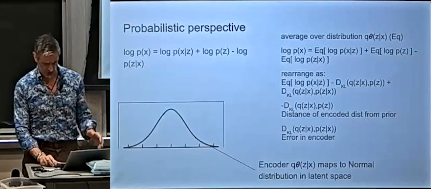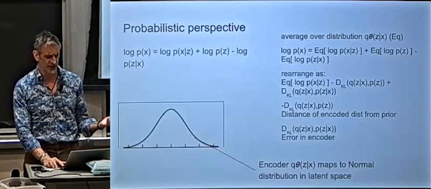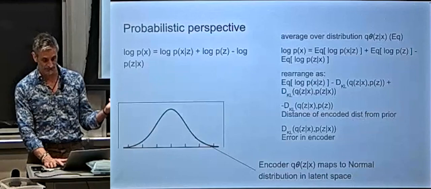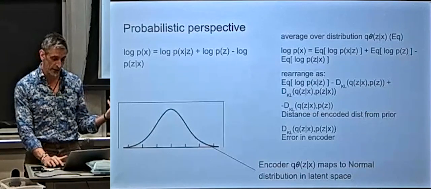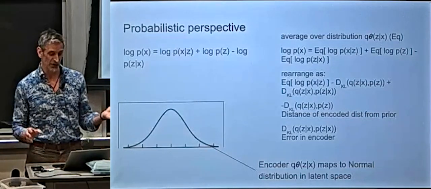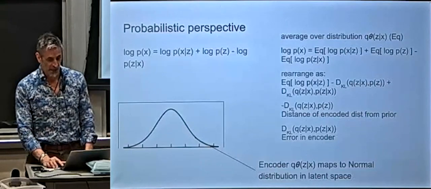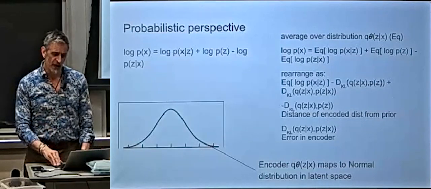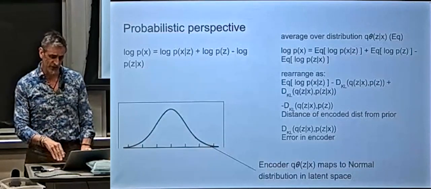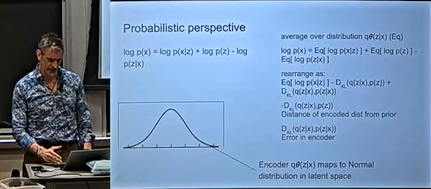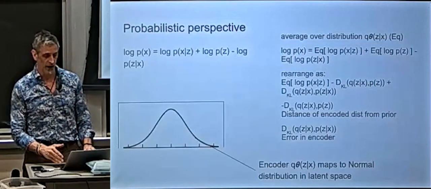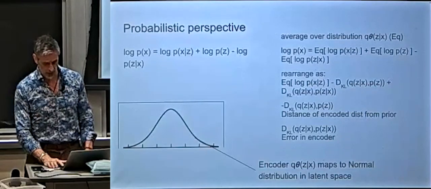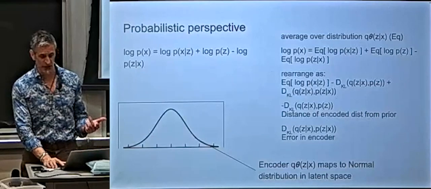We can't estimate it directly, but so we've got these two terms. We have these KL divergences. One is the distance of the encoded distribution from our prior, and the other is basically how much error is there in our encoder. And I guess I didn't say what the first term is. If we average over all values of Q of Z given X, and we take the log probability of X given Z, well, that's basically our reconstruction error, right?